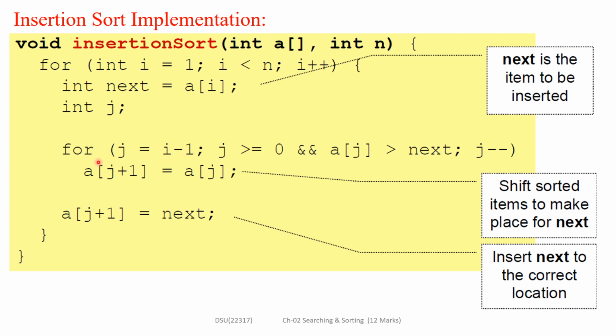For j equal to i minus 1, j greater than or equal to 0 and a of j greater than next, then j decrement, and a of j plus 1 is equal to a of j. This is the shifting. Then a of j plus 1 is equal to next. Insert the next at the correct location. This is the C implementation of insertion sort.